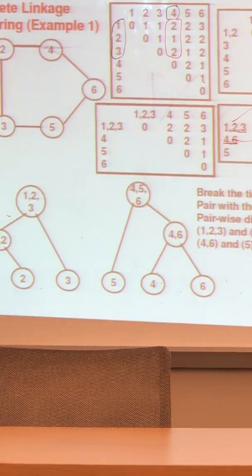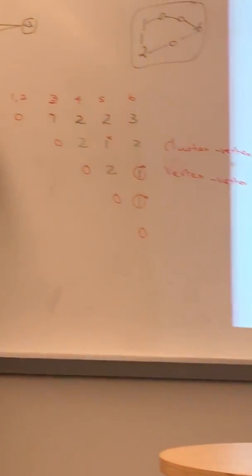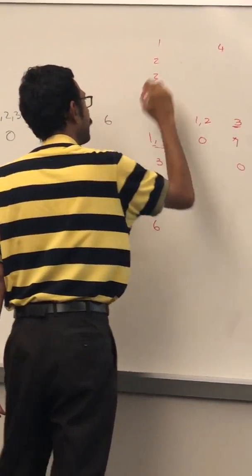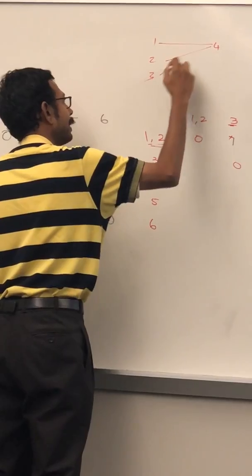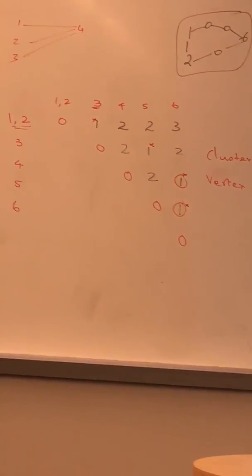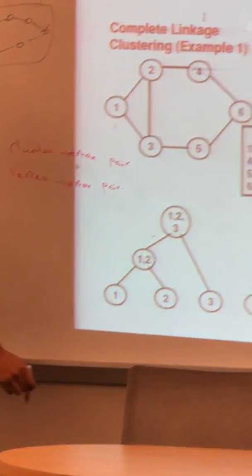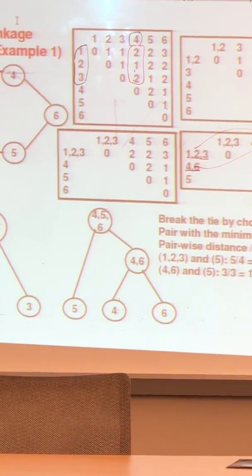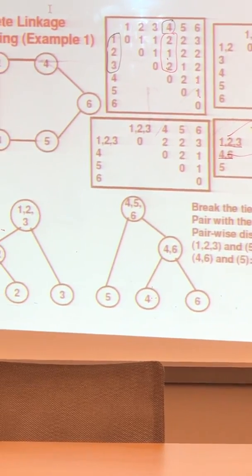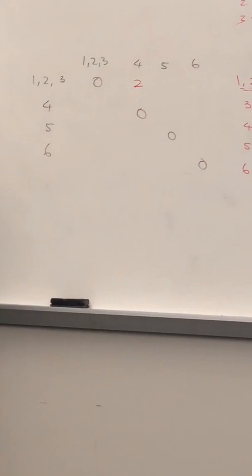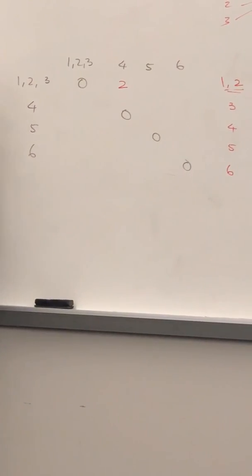Between 1, 2, 3 as one entity and 4 on the other side, what is the maximum pairwise distance? That's going to be the maximum of 2, 1 and 2, which is 2. So that's going to be the value.